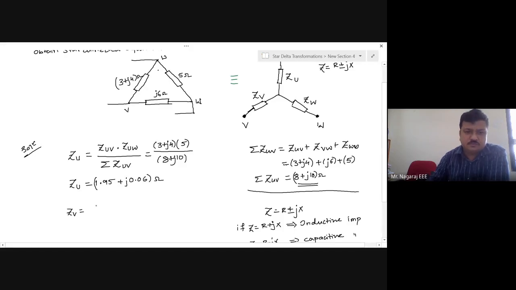Now, similarly, I will calculate ZV, which is equal to ZUV into ZVW divided by summation ZUV. So I can write 3 plus J4 into ZVW, which is J6, divided by 8 plus J10.